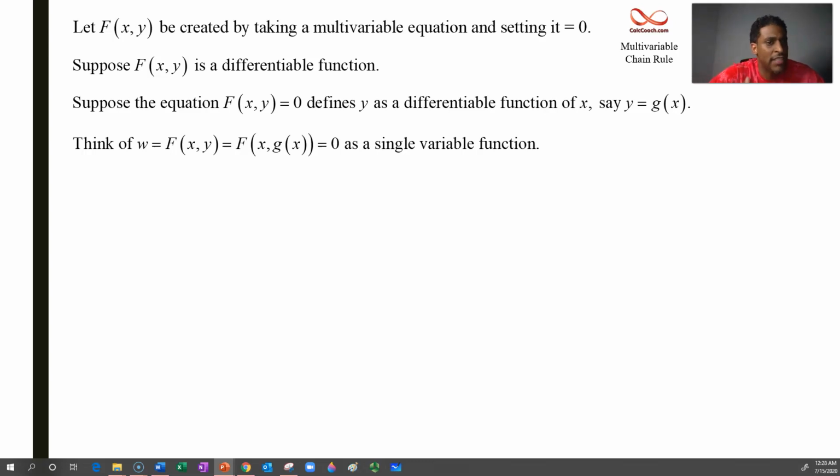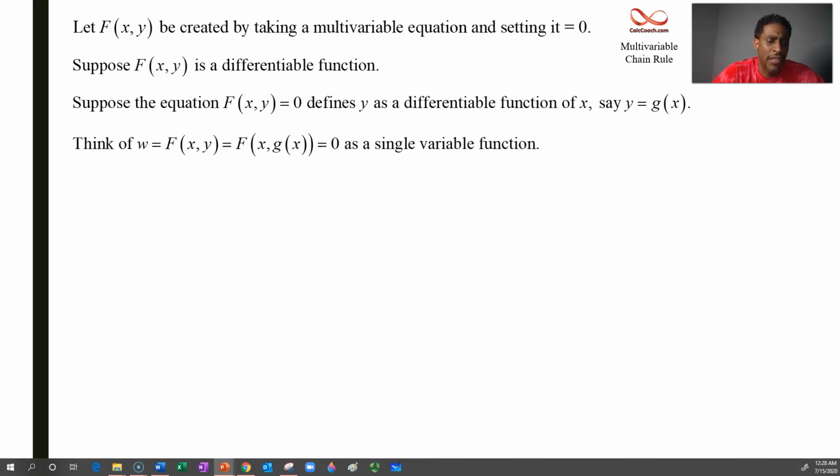But the concept is now that capital F, which was first a multivariable function, is now actually a single variable function. And so we can take its derivative, a single derivative, a prime derivative. We can take df dt, or in this case w, dw dt.